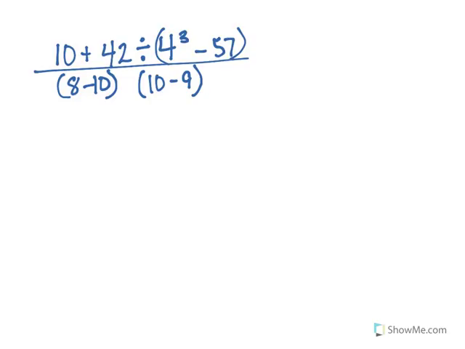All right, so guys, please do not be afraid of this. I need to expose you to any kind of possible way that you're going to see order of operations. I'm going to go ahead and write GEMDAS here.